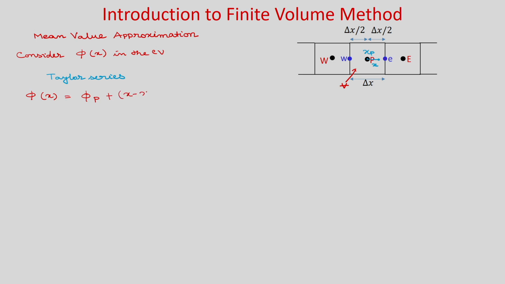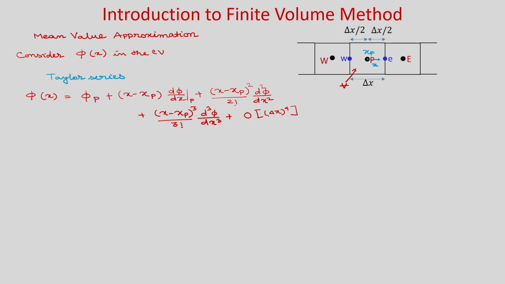So, x minus x p, this is your delta x, d phi by dx at p, plus x minus x p whole square by factorial 2 d 2 phi by dx square, plus x minus x p whole cube by factorial 3 d cube phi by dx cube, and the order of approximation is delta x to the power 4.